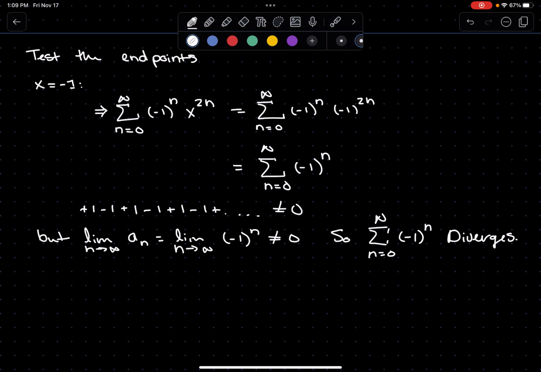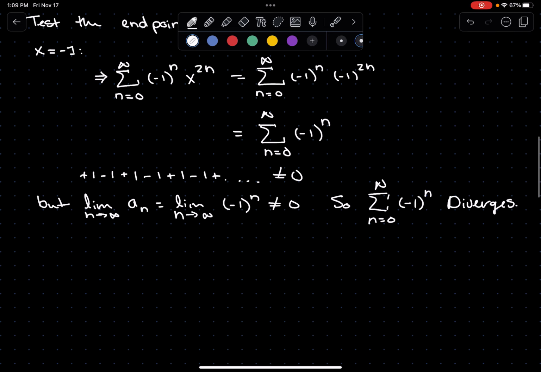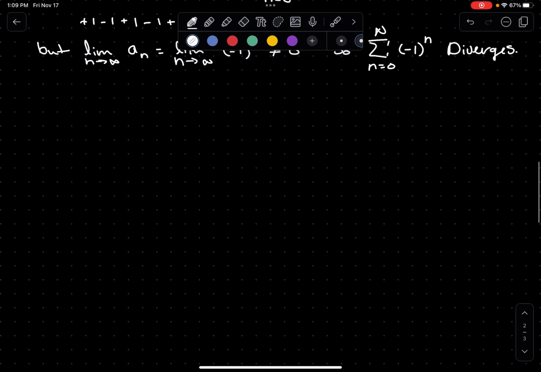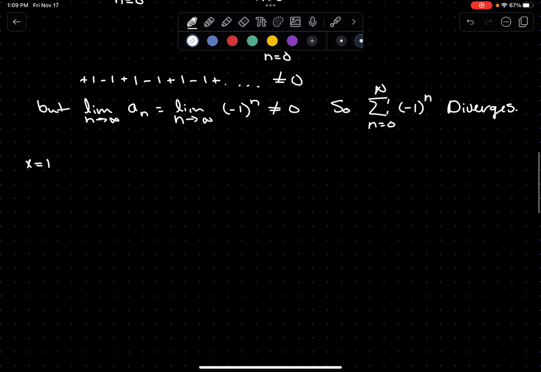I can switch these numbers around in whatever order I want, because I can add in any order I want, and I can basically make any number I want with the series. So because of that, it diverges, okay? So we tested that point, and now we need to test x equals 1. Well, what's going to happen?